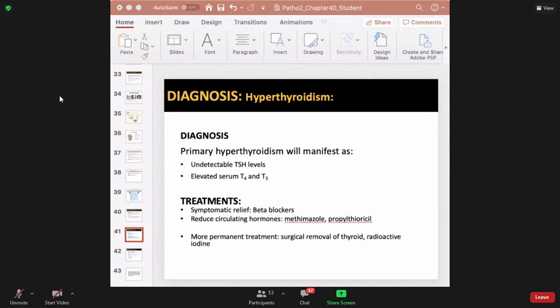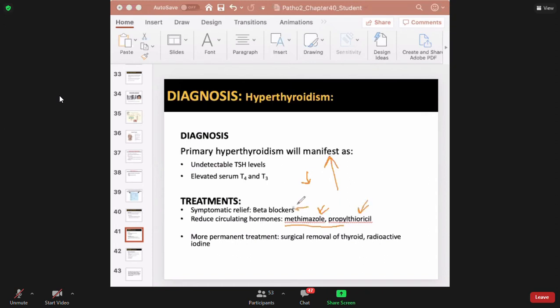So if you're diagnosing hyperthyroidism, remember, if it's primary, it's going to be increased T3 and T4 with diminished TSH. Okay, so you're going to want to treat it by reducing how much hormone you have circulating, inhibiting the amount of thyroid hormone you make, or reducing the formation of the thyroid hormone.